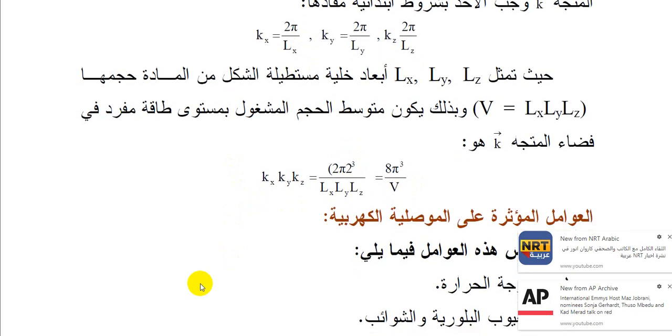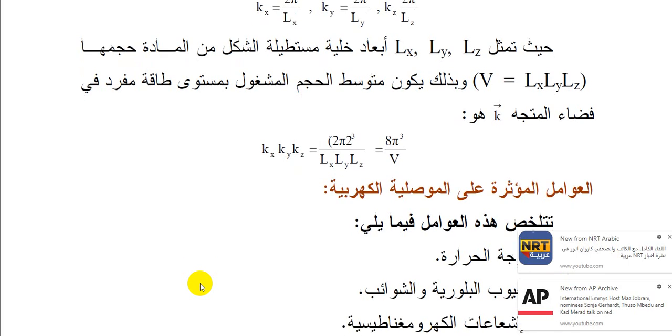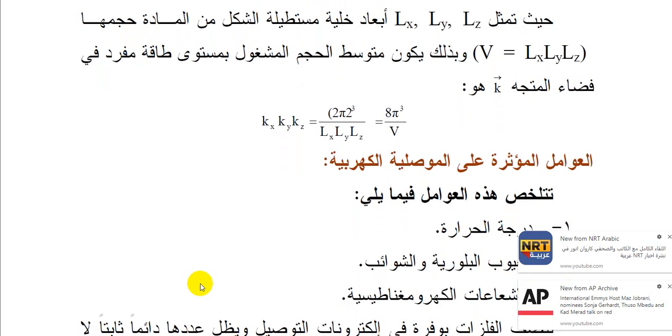V is the volume of the cube, or the volume of the cubic cell. Since we are dealing with a cubic cell, the volume is going to be the product of its three lateral lengths, or the product of its three dimensions.